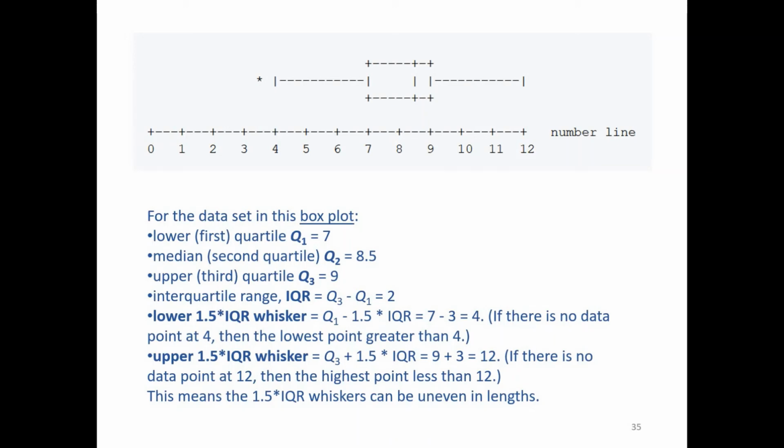So this is how you will find out your outliers. You will find out what your Q1 is, you will find out what Q3 is, then you will subtract 1.5 times your interquartile range from Q1 to find out the lower outliers. And the values above Q3 plus 1.5 times interquartile range would be your higher outliers, right?